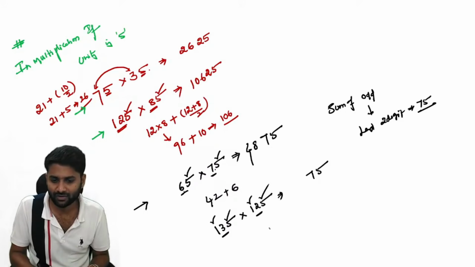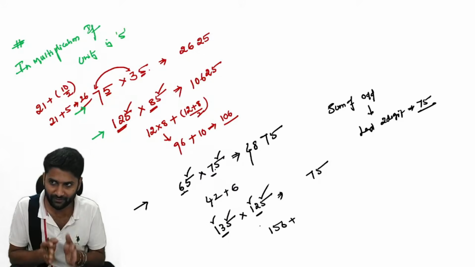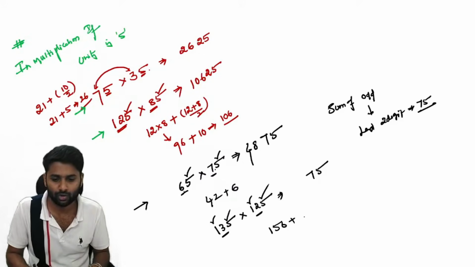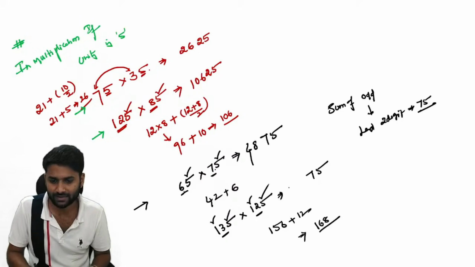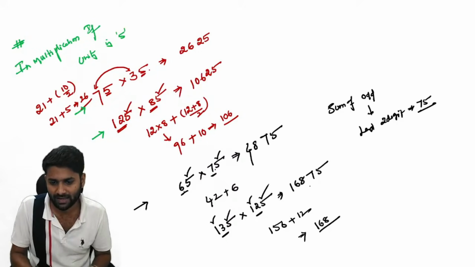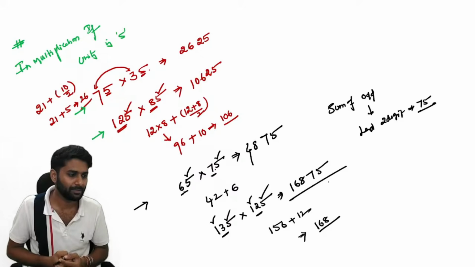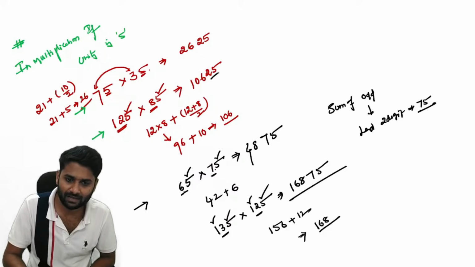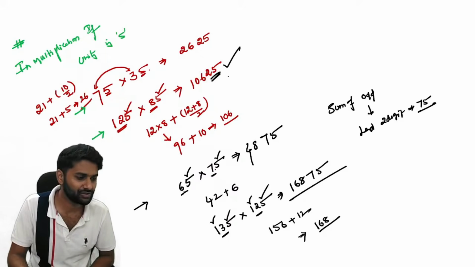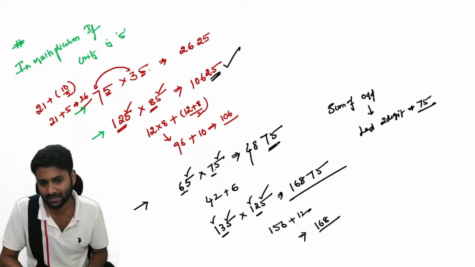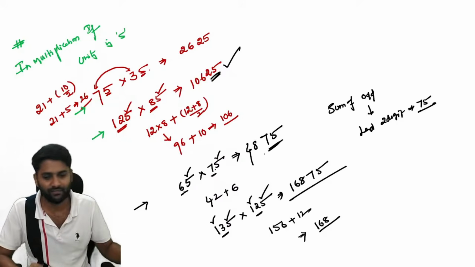So 13 into 12 is 156, and 13 plus 12 is 25, divided by 2 is about 12 units only. So 156 plus 12 is 168. So the answer is 16875. Remember that if the sum is even, 25 is the last two digits. If the sum is odd, then the last two digits must be 75.